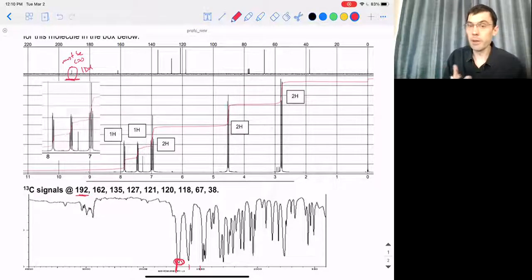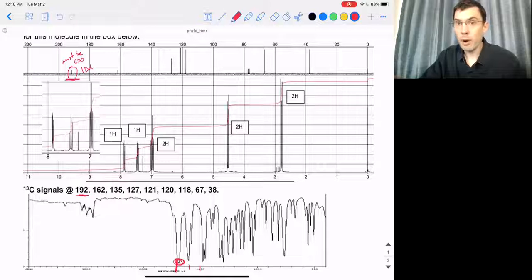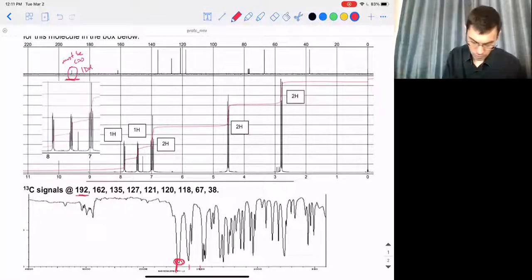Now, because it's ambiguous based on this so far, whether it be a ketone or aldehyde, the very next thing I'm going to do is try to go identify whether it be a ketone or an aldehyde, because that helps me know something really important right off the bat. So if I go look, aldehydes and carboxylic acids, remember carboxylic acid should have a broad peak around here, and aldehydes should have a nice sharp peak somewhere around 10. And there's nothing there. Now, anytime you're relying on the absence of a piece of data, I always encourage us to be very careful with that.